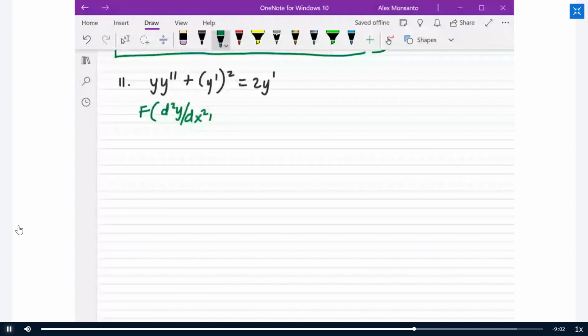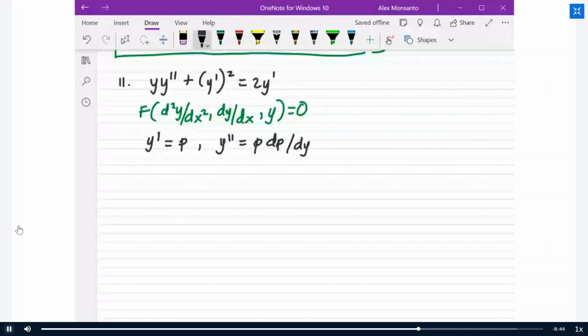Ngayon, ano yung pwede nating gawin? Of course, according dyan, we're going to let yung y prime will be equal to p, while yung y double prime will become PdP over dy. Substitute muna natin yung mga kailangan.